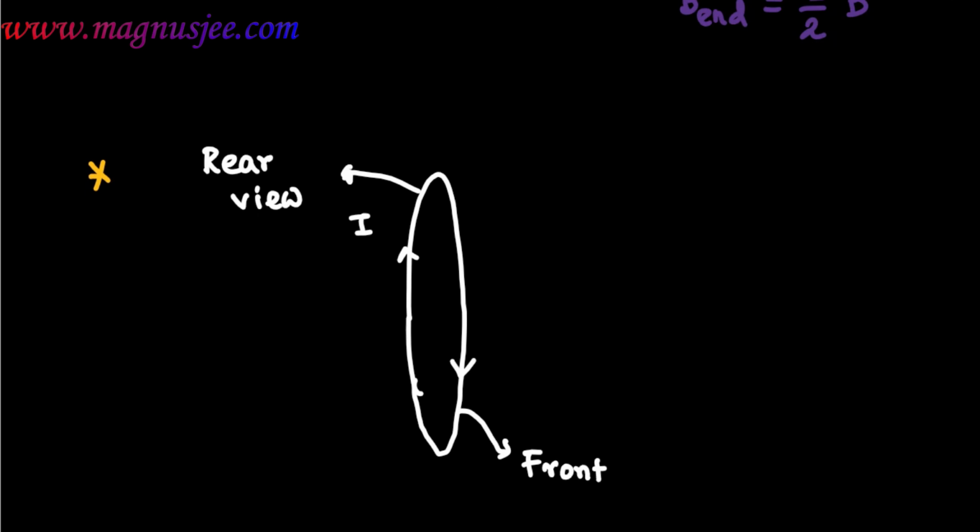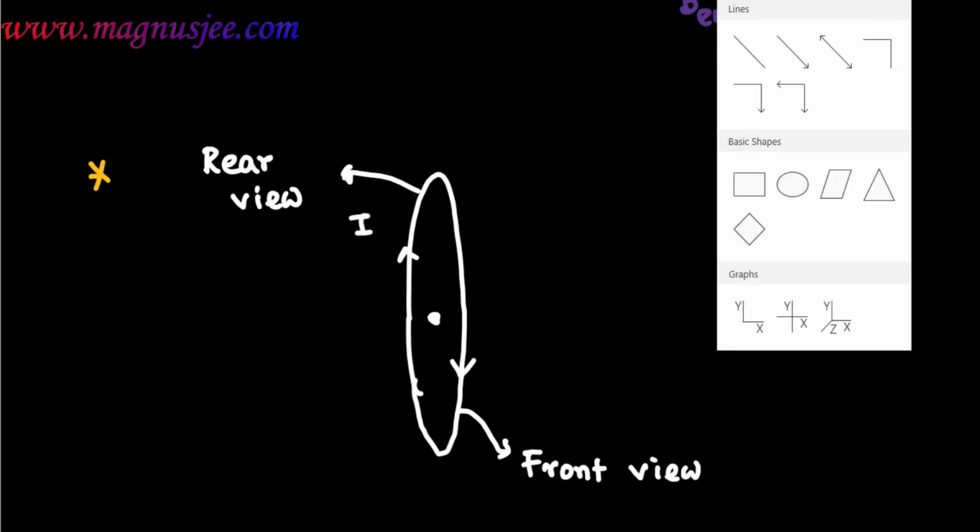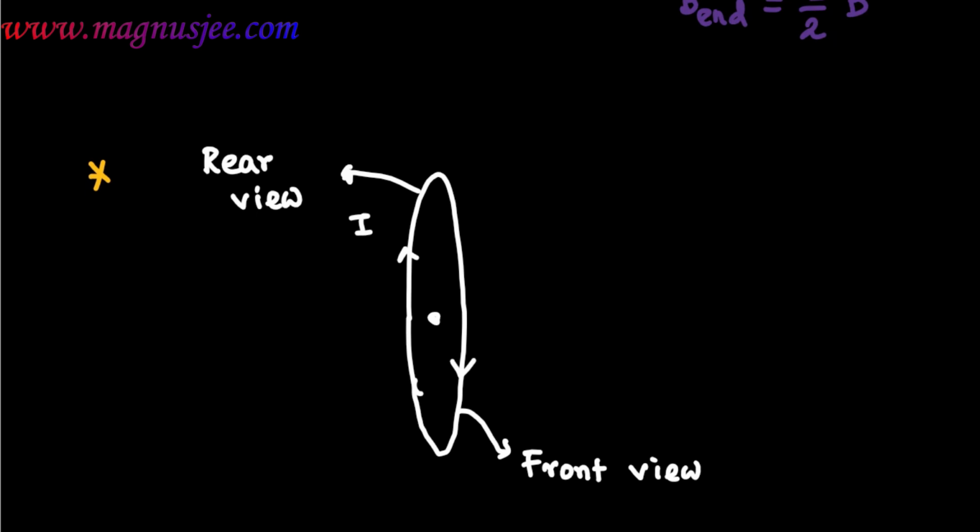For the magnetic field induction at the center of the turn, current I will be flowing downwards with respect to the front view.